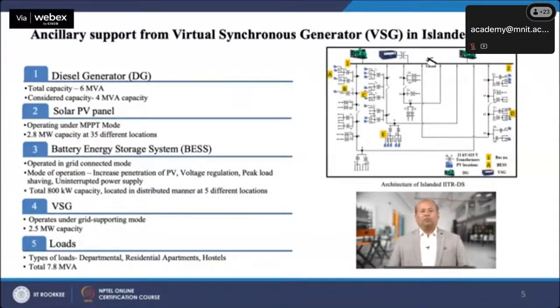Thus, a 2.5 megawatt virtual synchronous generator is utilized to provide ancillary support, that is inertia and primary frequency response provisions. The efficacy of the VSG providing ancillary support can be validated at laboratory level through PHIL testing.